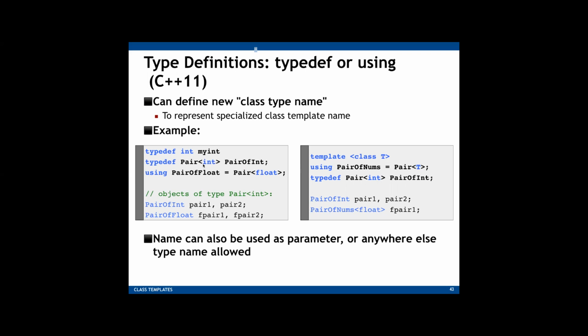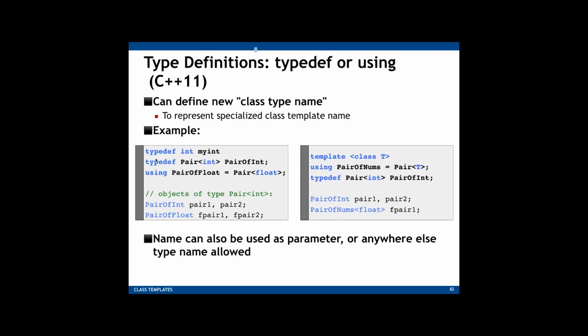So after this line, you can use this name pair of int to represent this type, pair angle int. If we look at this example, the pair of int is declared here. So pair 1 and pair 2 are objects of the pair class, which store integer values, this one.